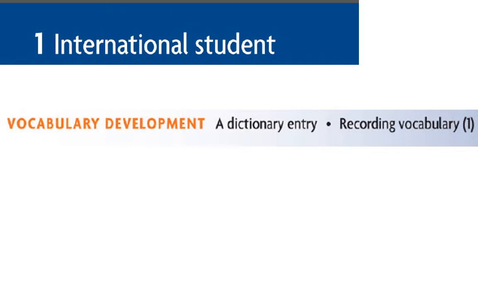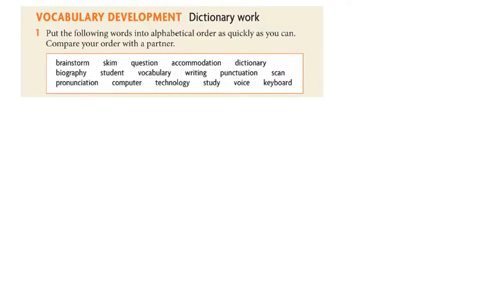In this part, we will focus on how to use a dictionary entry, and also about recording vocabulary. In exercise 1, page 8, put the following words into alphabetical order as quickly as you can. Compare your order with a partner.